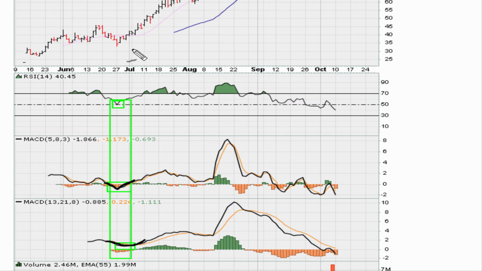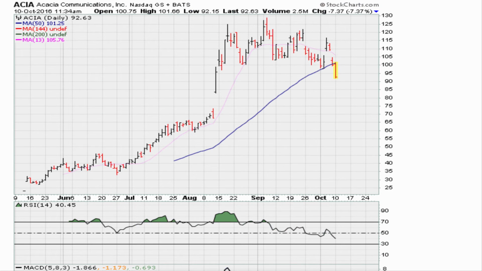And of course we see that since those RSI and MACD support with uniform activity during this period, the stock recorded a nice run.